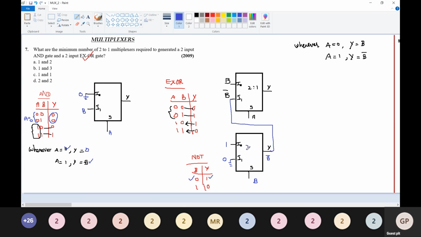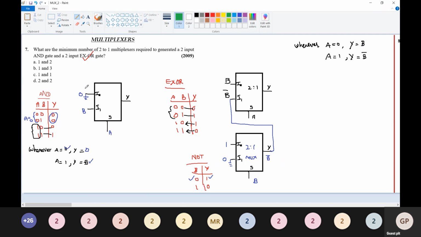So this is your implementation of a 2:1 mux for a 2-input XOR gate, which requires two 2:1 muxes. So what is the question? What is the minimum number of 2:1 muxes?